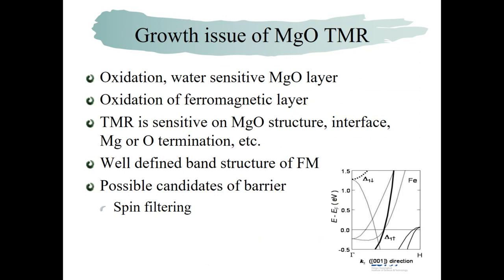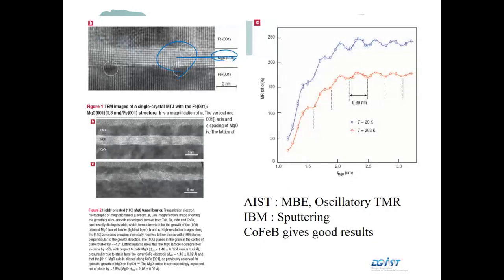Actually, when they discovered this MgO barrier, it was at the beginning of this century. Many professors were crazy about it, about how we can grow this MgO layer. They pushed the students very hard: please make the MgO layer. But many students struggled to find the recipe to grow this MgO layer.